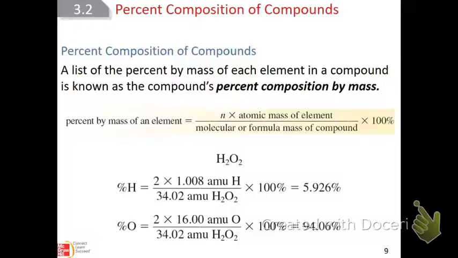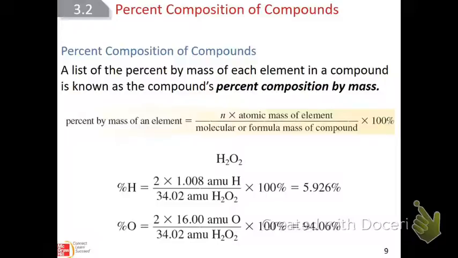Water has a molar mass of 18.02 grams, or AMU. So what's the percent of hydrogen in that? How much mass does hydrogen have in that 18.02? So you would take hydrogen's mass and divide it by the 18.02. And then since we're dealing with percent, that means per 100, you're going to multiply it times 100 to get your percent.